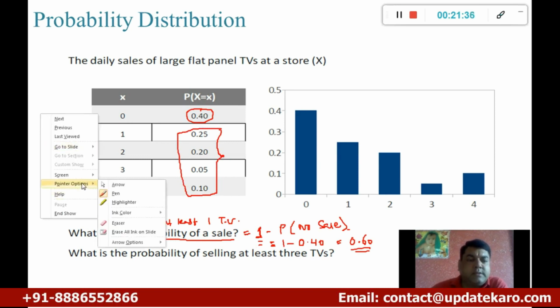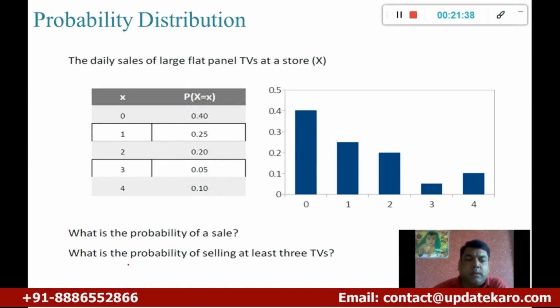Now what is the probability of selling at least 3 televisions? When we say at least 3 televisions, we are talking about a minimum of 3 televisions and above.